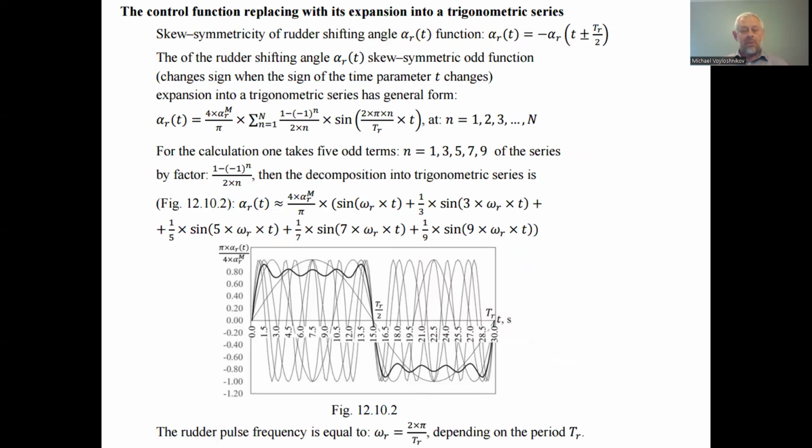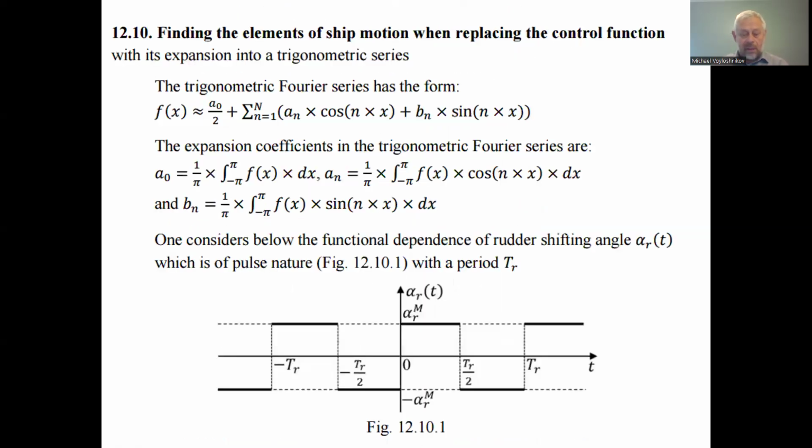This function is skew symmetric and odd. We can see that this function, the impulse nature, is skew symmetric relative to the reference point 0, for example here, but skew symmetric and odd.